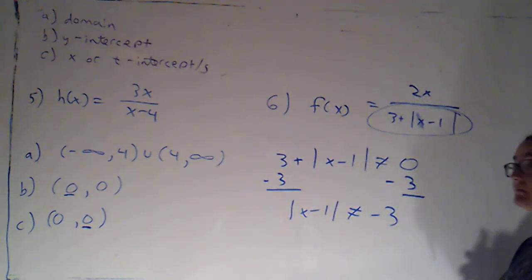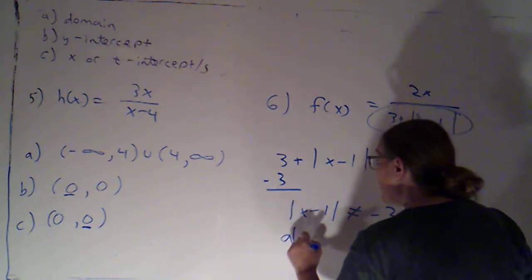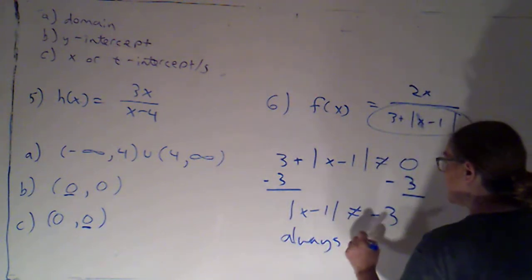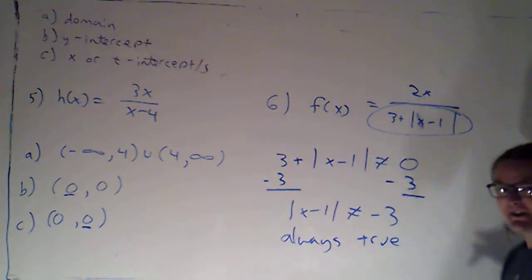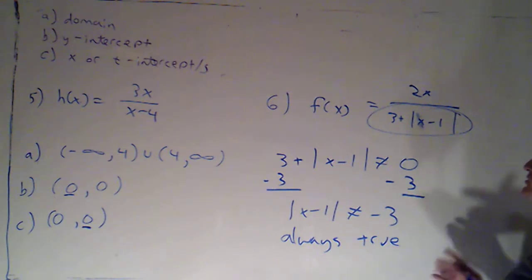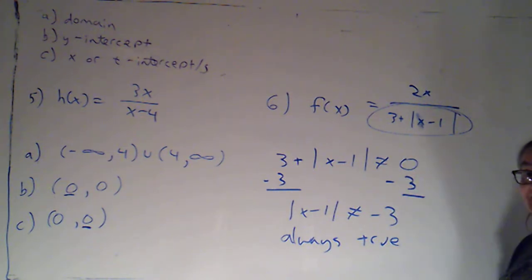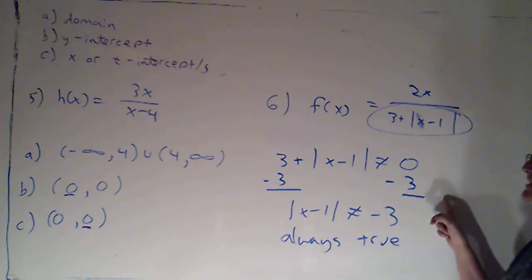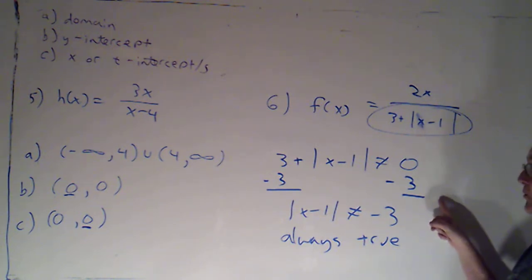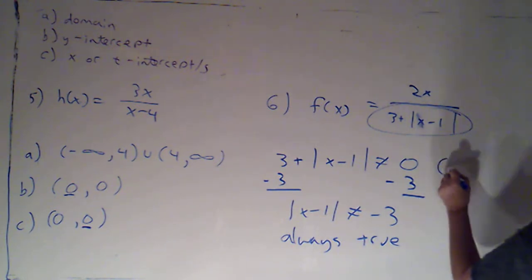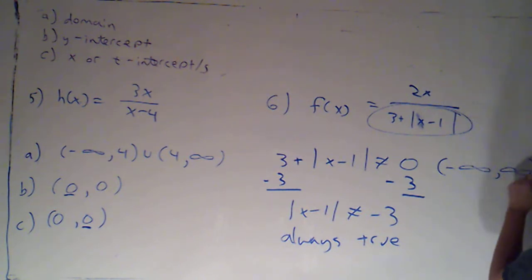And okay, it isn't. That's always true, because absolute value is never a negative number. So this doesn't actually put any restrictions on my domain. So my domain for question 6 is going to be negative infinity to infinity.